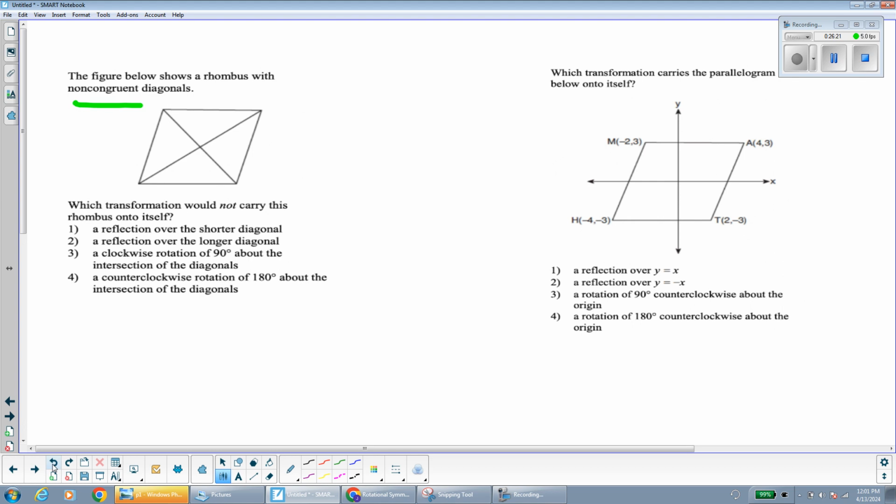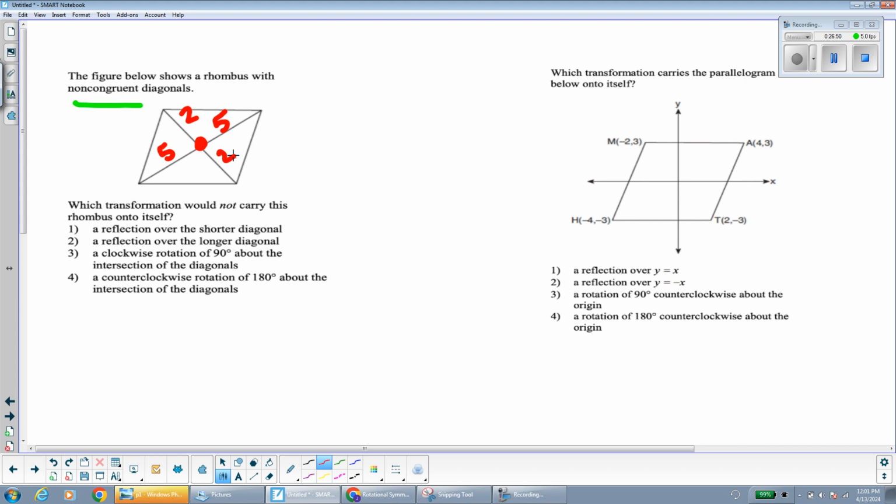Number 3 says a clockwise rotation of 90 degrees about the intersection of the diagonals. So 90 degrees, let's give these diagonals values because we know it's a rhombus with non-congruent diagonals. So let's say this diagonal had a piece that was 5 and 5 to make 10. And this diagonal had a piece that was 2 and 2 to make 4.